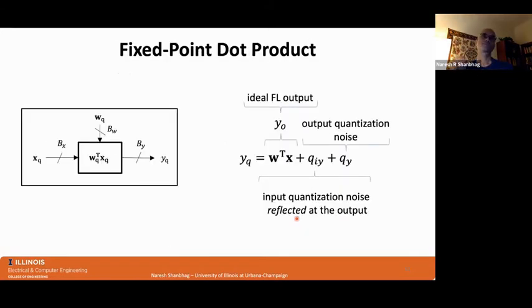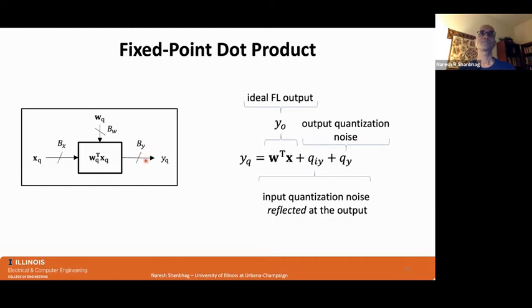Now let's step back and look at a dot product. What happens in a dot product is you get quantization noise at the input: the weight has been quantized, the inputs have been quantized, and at the output you will get the impact of that quantization noise. Q sub Iy is the effect of quantization noise at the input, seen at the output.